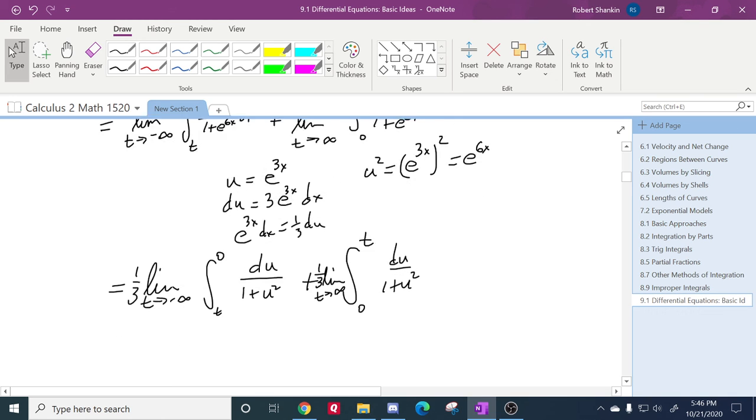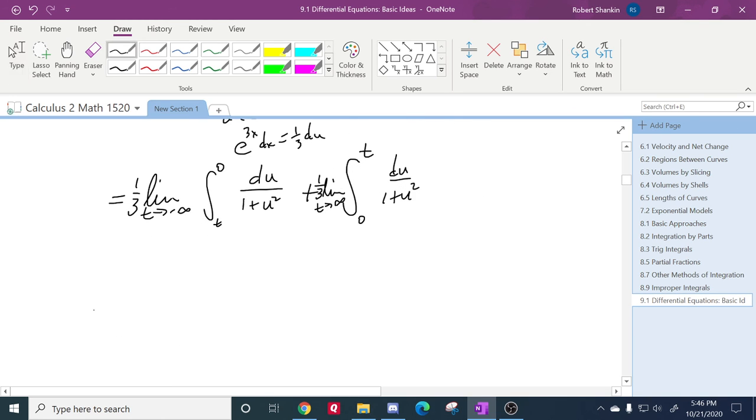Okay. And then now when I take this integral of 1 plus u squared, I look it up in the back of the book. There's no u up here, so it's not like let w equal u squared, so it's not set up for u substitution. We got to use one of these.